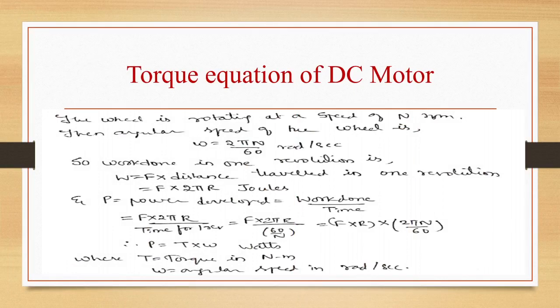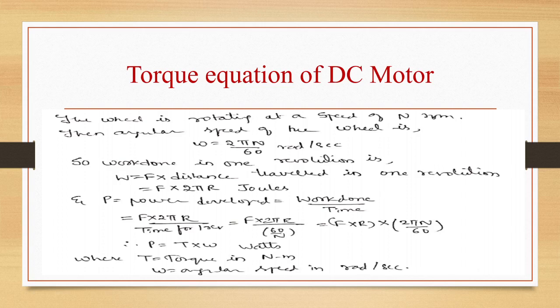Then the angular speed of the wheel is given as omega equals 2 pi N by 60 radians per second. If you are taking per second, divide by 60. So work done in one revolution is force into the distance traveled in one revolution. The distance traveled in one revolution is 2 pi r. So work done will be equal to force into 2 pi r joules.